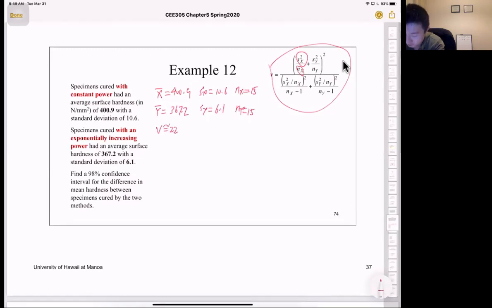So we can calculate the t value. t with 22 degrees of freedom, based on a 98% confidence interval.